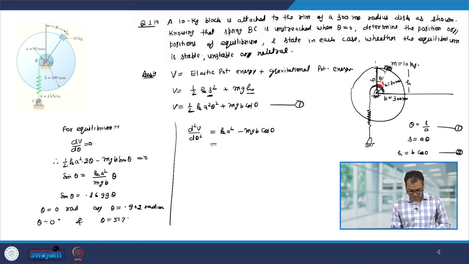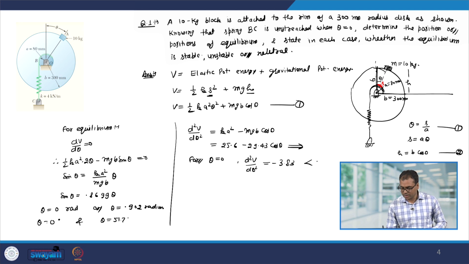So, therefore, this will be 25.6 minus 29.43 cos theta, and for theta equal to 0, you can put it over here, you will see that d2V over d theta square becomes minus 3.83, which is of course negative. Therefore, for theta equal to 0, the equilibrium is unstable.